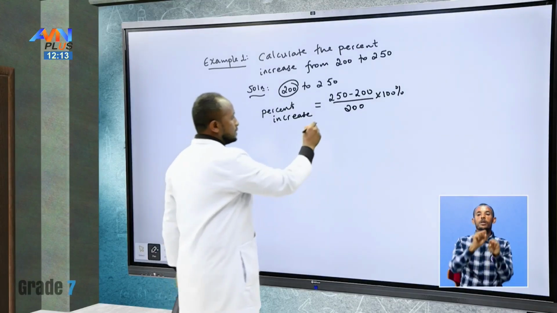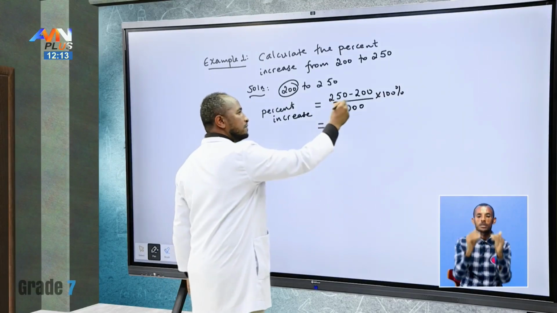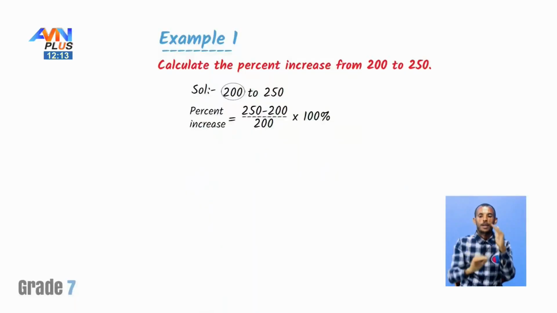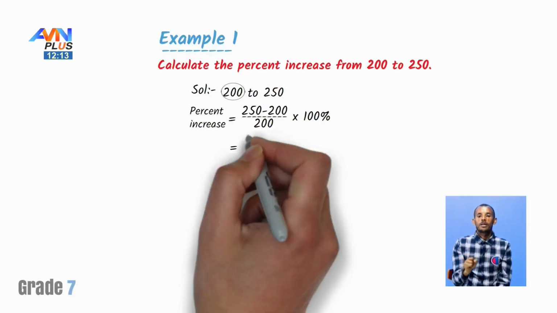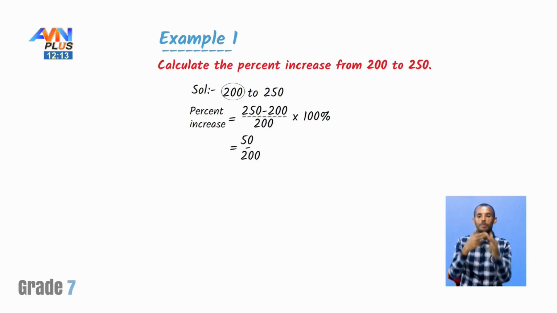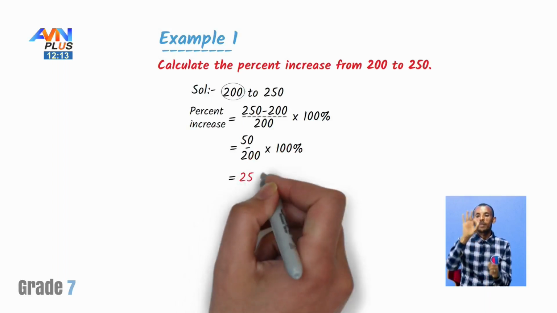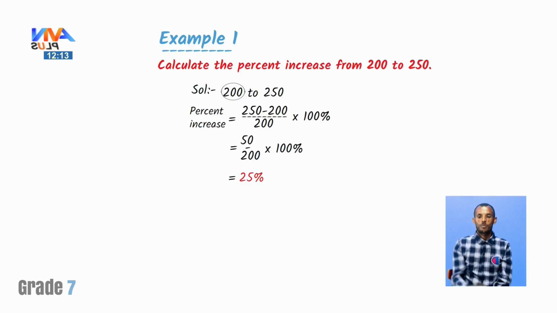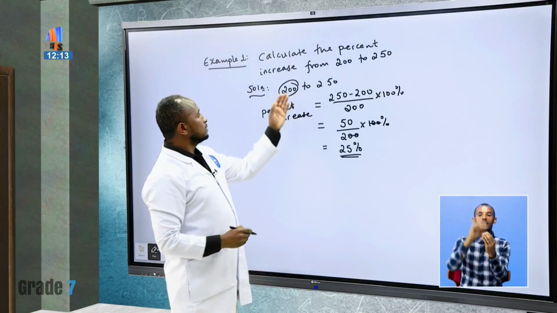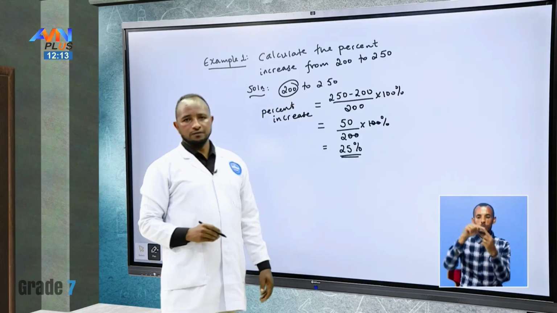So 250 minus 200 is 50, divided by 200 times 100%. The zeros cancel out, and you have 50 over 2, which is 25%. That will be the percent increase from 200 to 250.